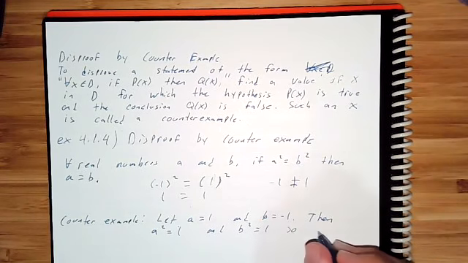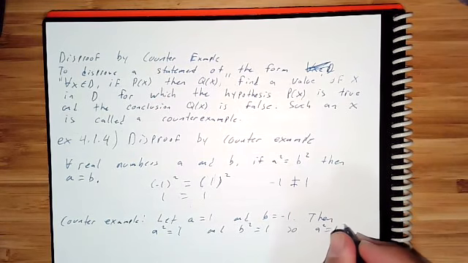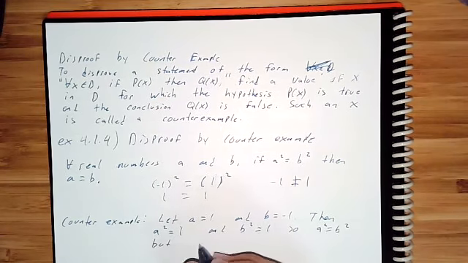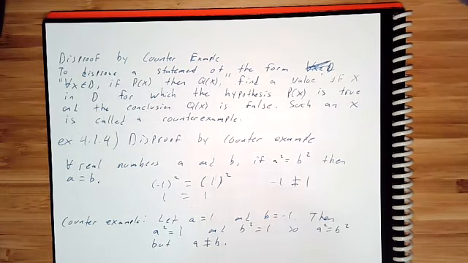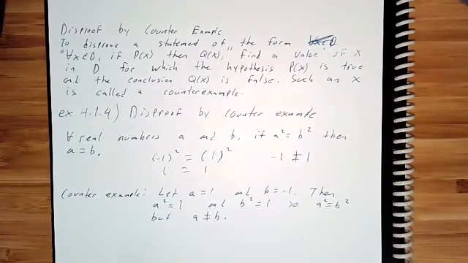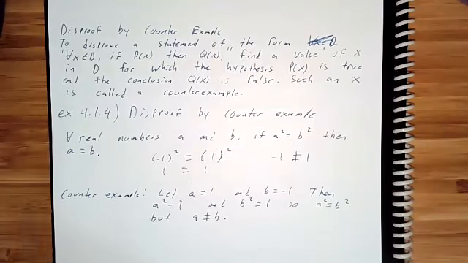So a squared equals b squared, but a does not equal b. So this is a counterexample here. So that's how you show that this is false. Okay. So we'll do some more examples on part 2 of this video. So we'll stop here for this part.